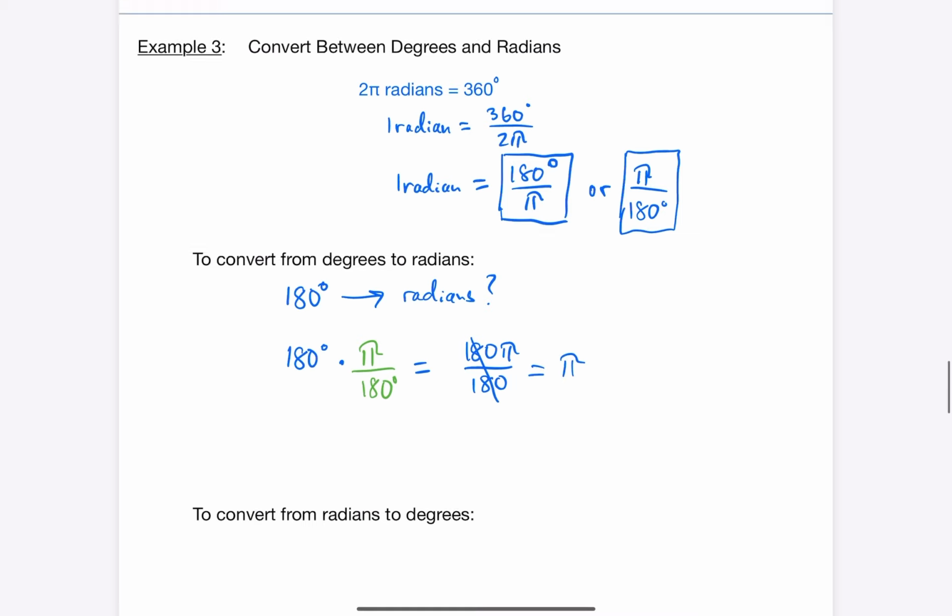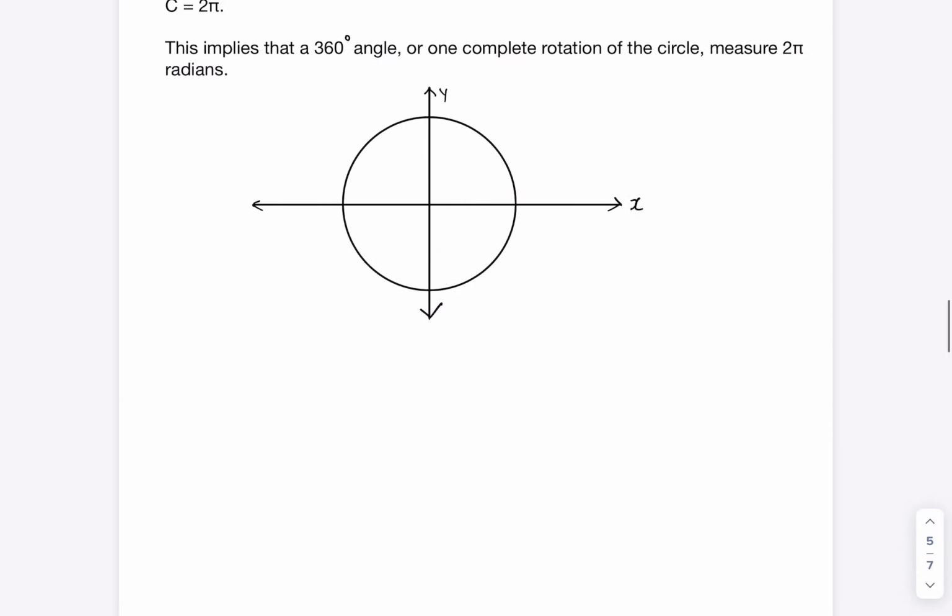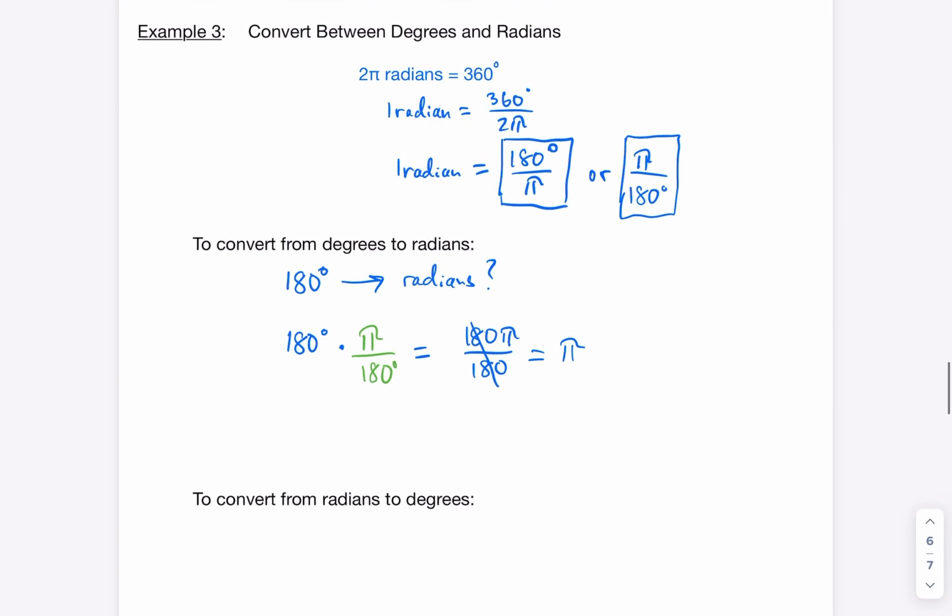And that makes sense, because in this example here, we were saying that if we were to go halfway around the circle, that's 180 degrees, and we know that halfway around is also pi, okay? So that makes sense, all right?